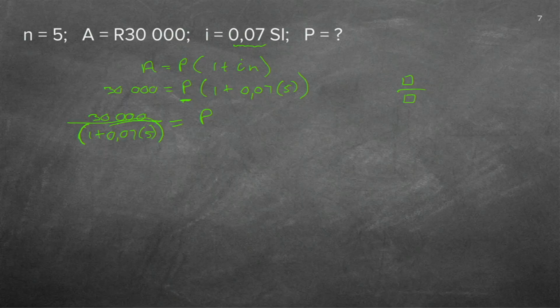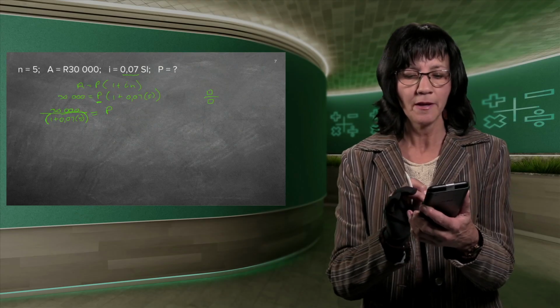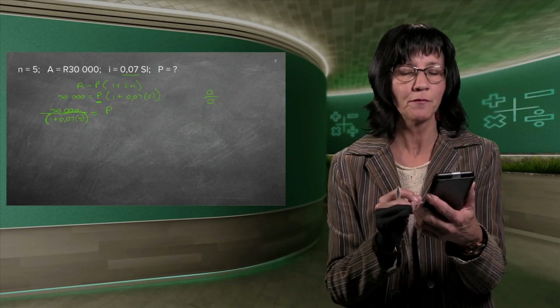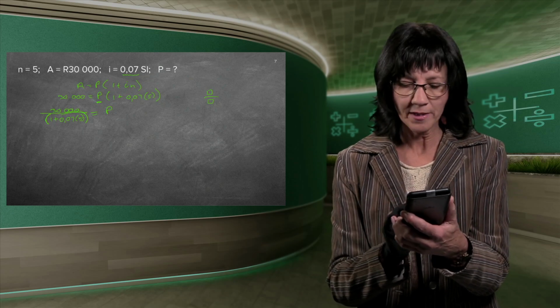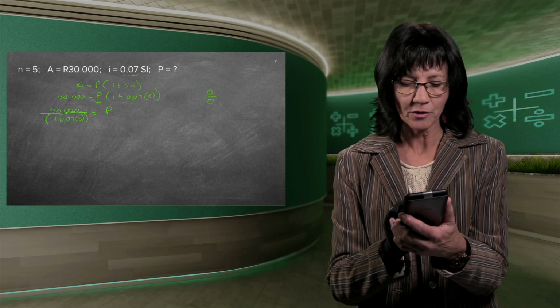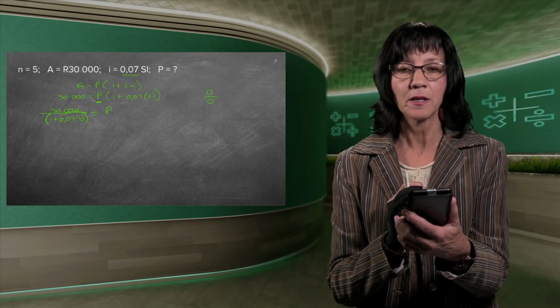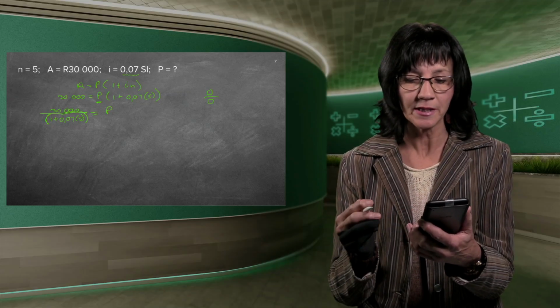If you press that, it's already on the top, 30,000. Then you take the cursor and go down so that you're now at the bottom of the fraction. And then you put in the bracket. 1 plus 0.07 times 5, because remember, bracket means times. Remember to close the bracket in the end, and then you just press the equal sign.